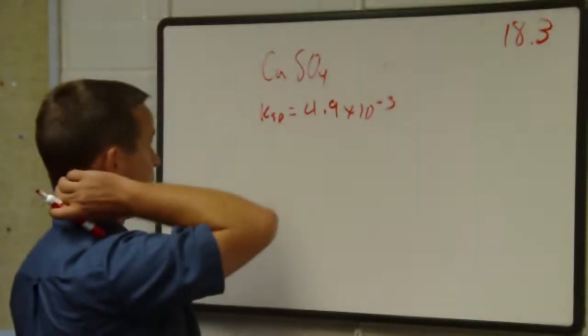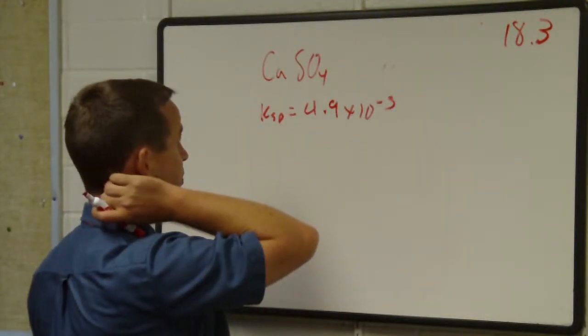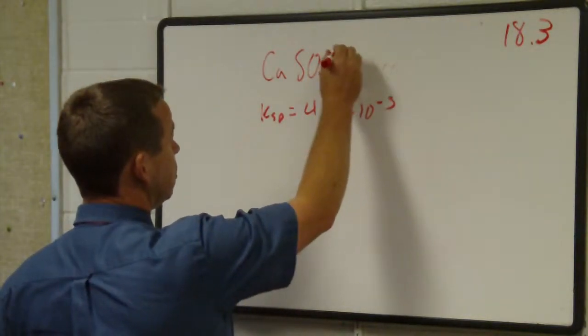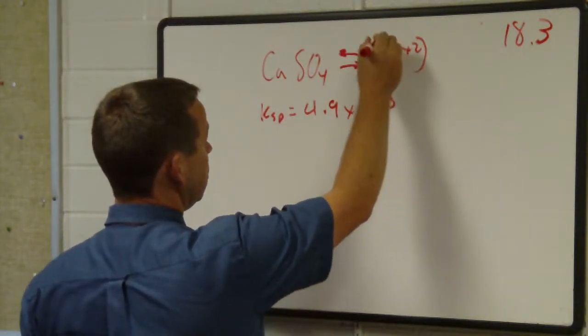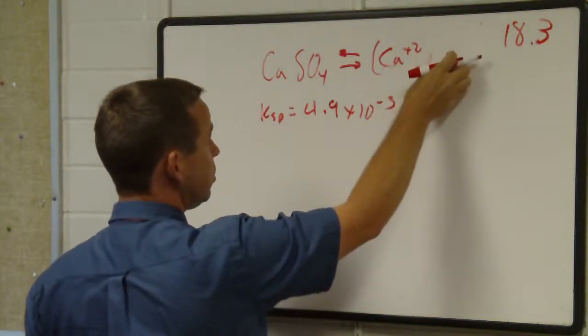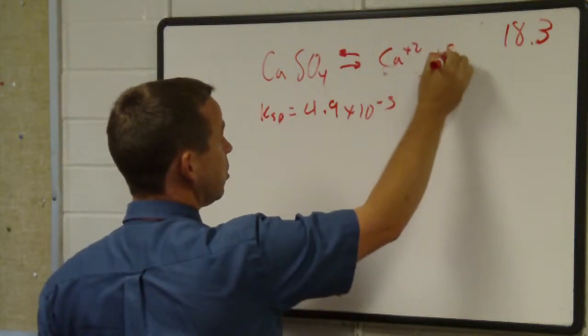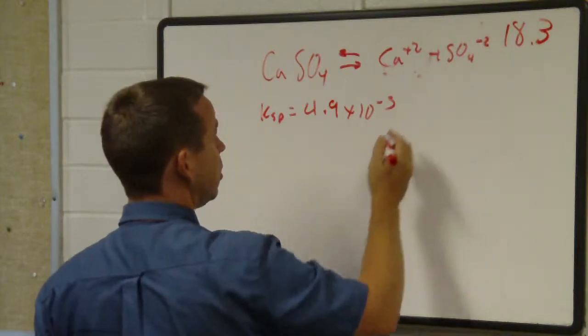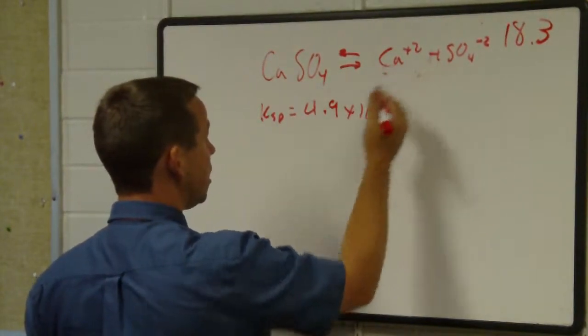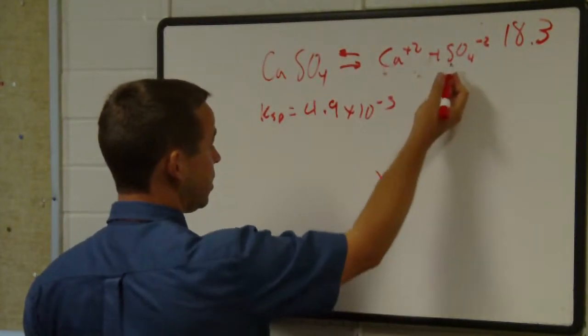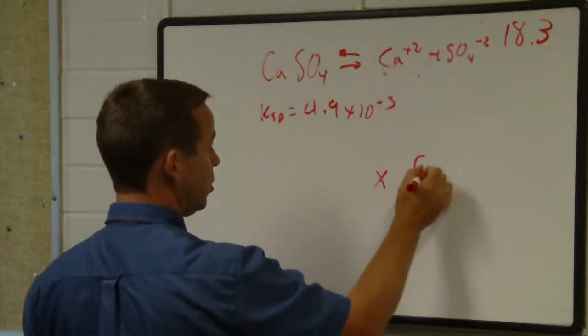So, this is how it's going to dissociate. The concentration of the calcium can be identified as X, the concentration of the sulfate also.